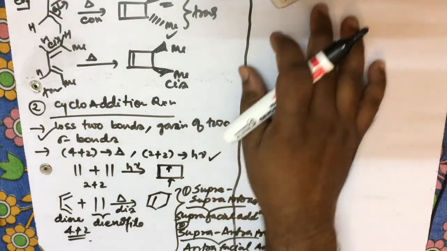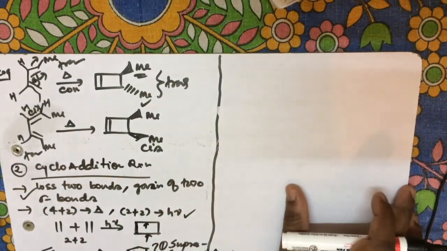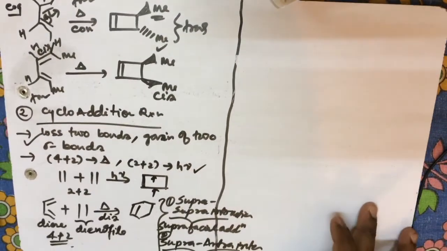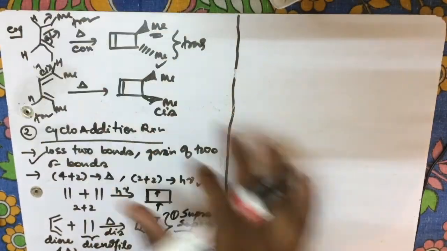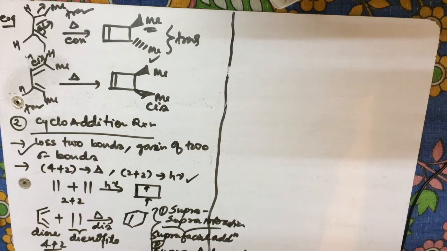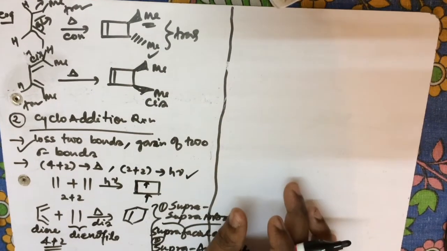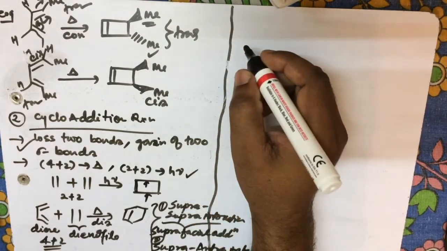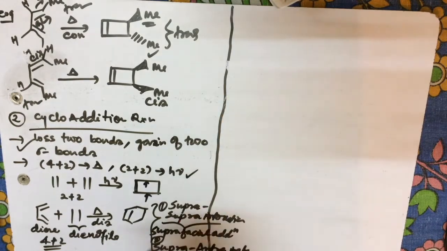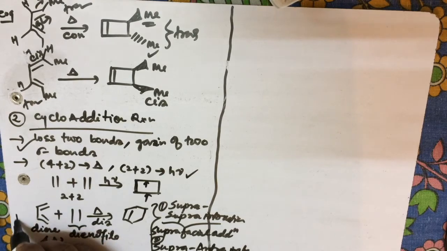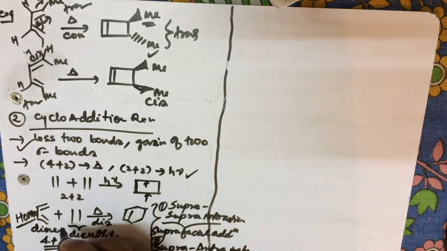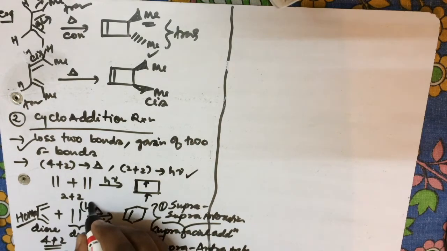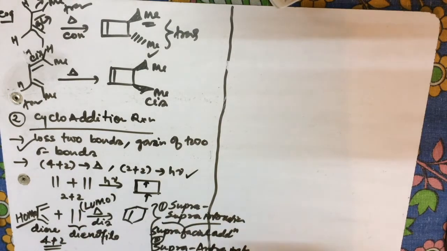So I will give examples of this so that you can easily understand what I am trying to explain. As I told you here, the diene reacts under HOMO condition, and this is LUMO, the dienophile.